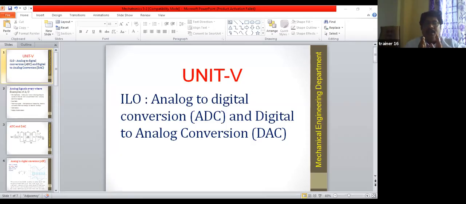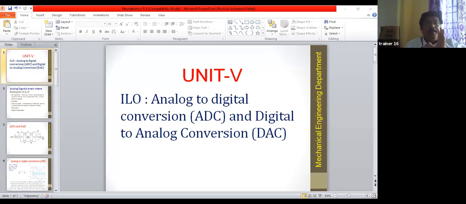In the data acquisition system, what is there? Signal conditioning, ADC converter, that means analog to digital converter, or digital to analog converter. These three are there. And then the output of this is a display device.